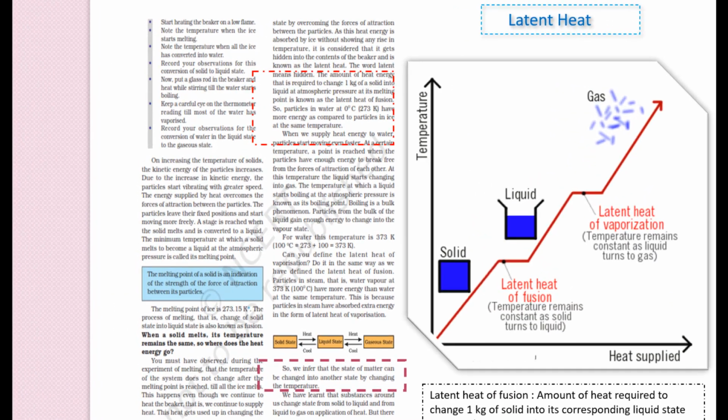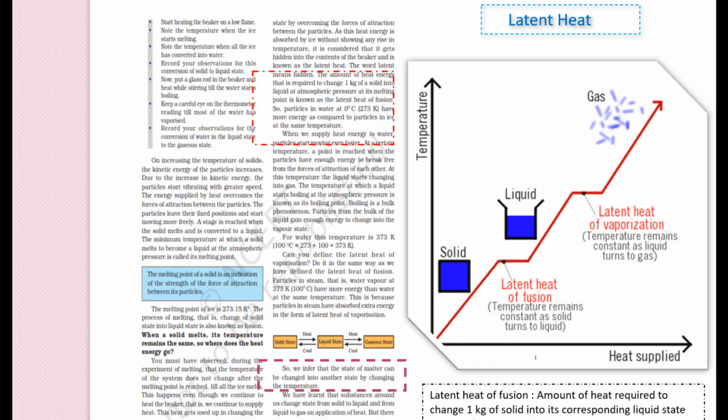This graph will help you understand what I have said just now. You can see on the x-axis heat supplied and on the y-axis there is temperature. You start heating a solid, it gets converted to a liquid after a certain amount of time, and then the liquid gets converted to a gas after a while.